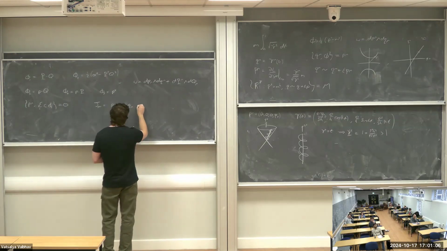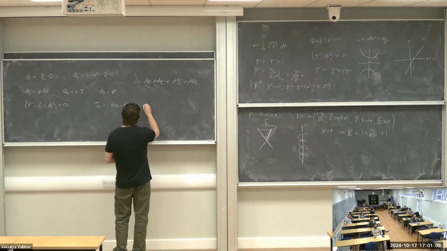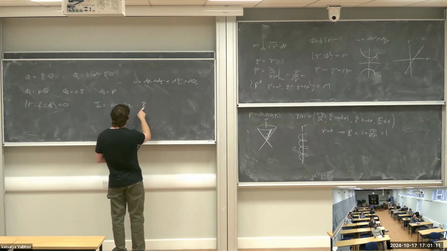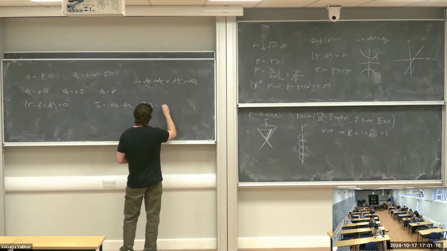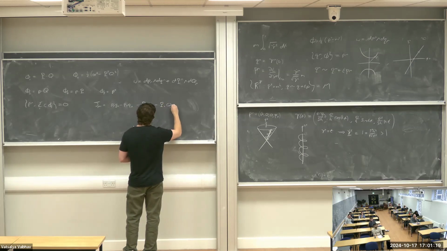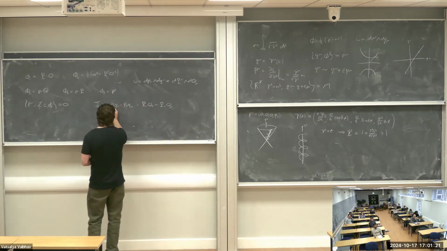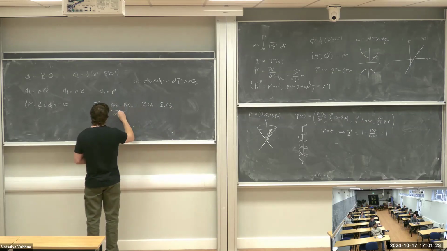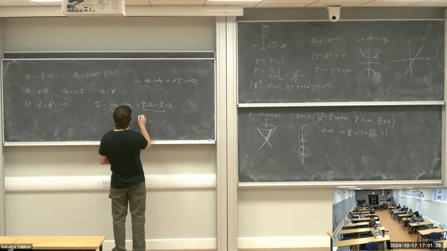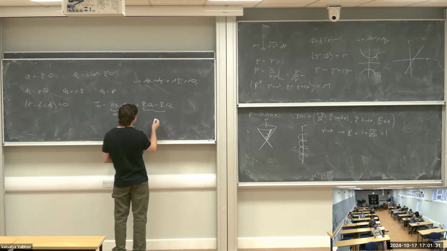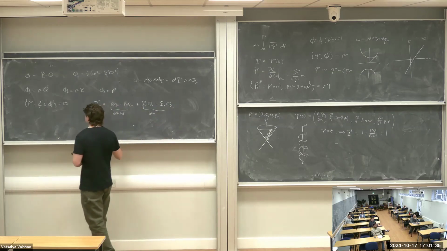But I also have a kind of internal angular momentum, which comes from the higher derivative parts, P nu Q mu. So this part you can think of as the orbital angular momentum. And this, sorry, that should be a plus. This you can think of as the internal, the spin angular momentum.